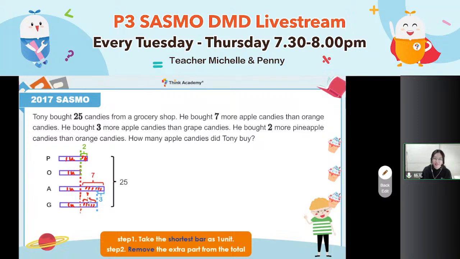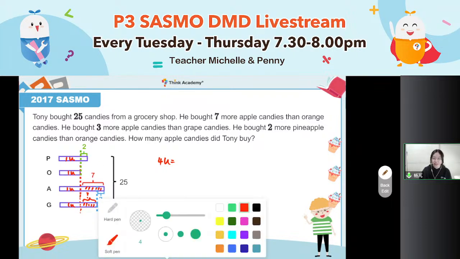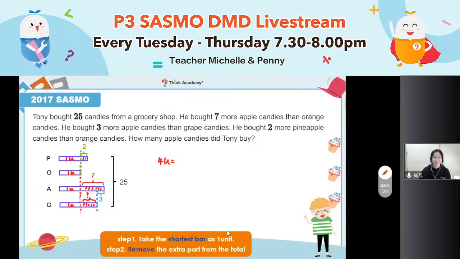Okay, and then the question is coming. Arrow 1, can I find out the total number of 4 units? It's very important. Yeah, you can try it. Here is the first step. After you find out the first step, everything will be easy. 4 units equals... okay, I see some of the answers.